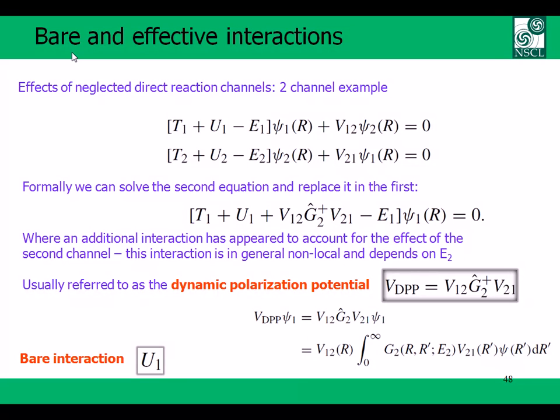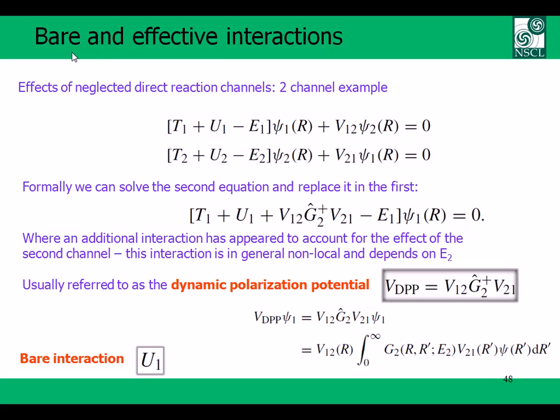So if you replace psi2, this moves over to the right, and you end up with a term in the interaction that is V12 G2 V21. So look at what happened. Your equation now looks like an optical model equation with a modified interaction.